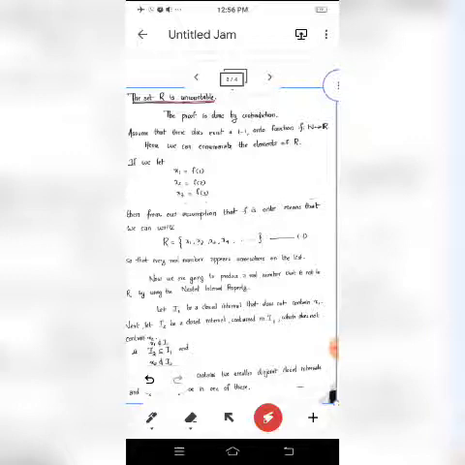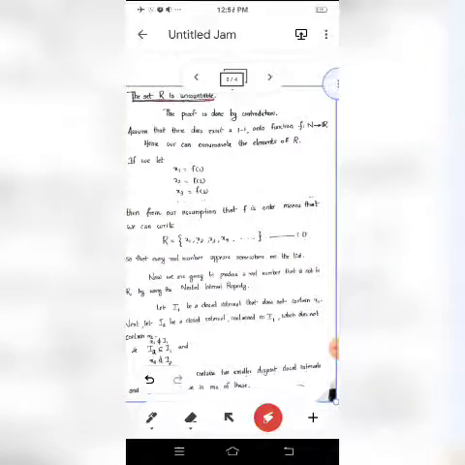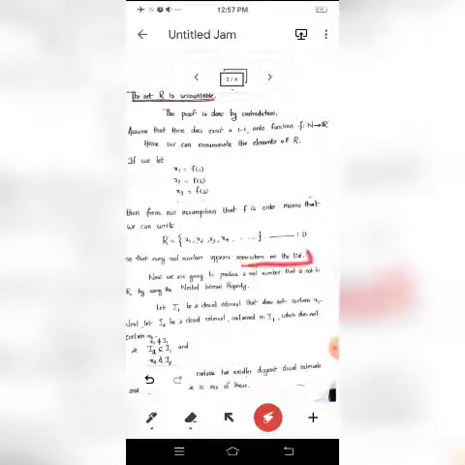So every real number appears somewhere on the list by assumption. Since f is onto, every real number appears somewhere on this list.